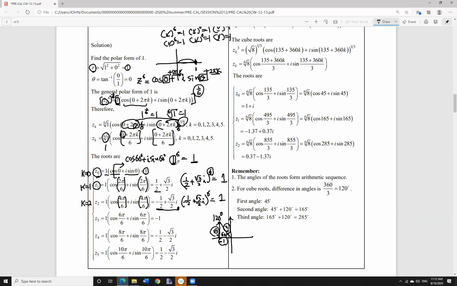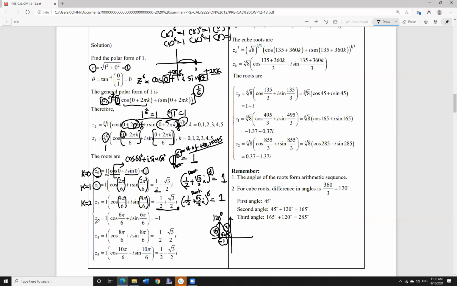This is a root. This is the root. We already got 3, right? Now we still have 3 more because this is the number of roots. There will be 6. We still got 3.